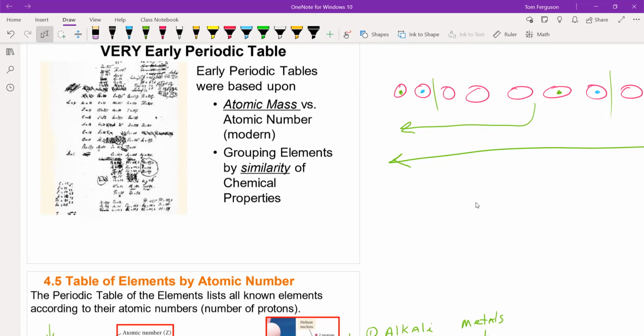Carbon and nitrogen didn't act the same. And so what he tried to do was to organize this into chemical properties. And one thing they noticed was that the properties started repeating.